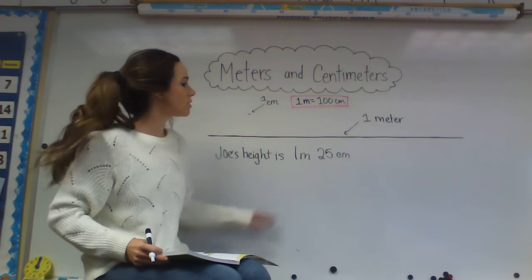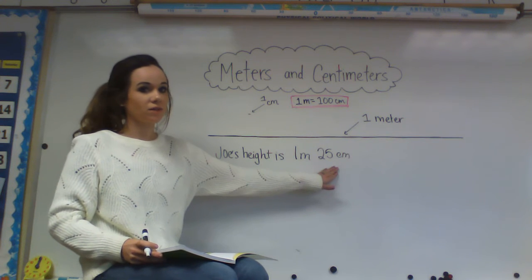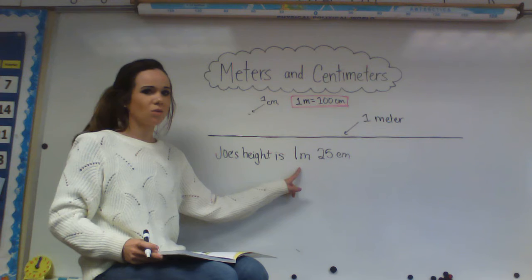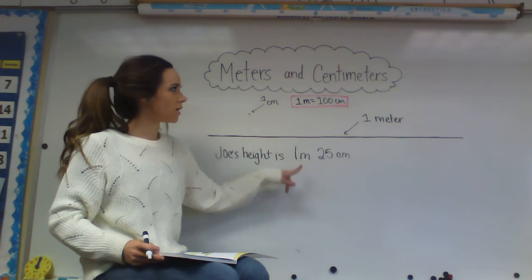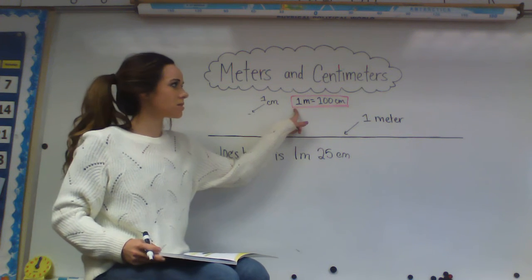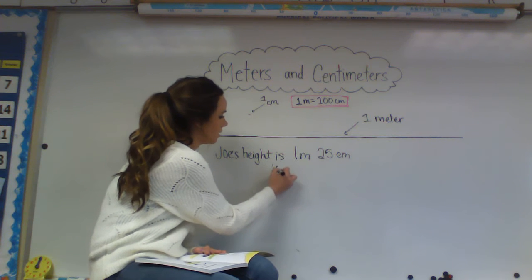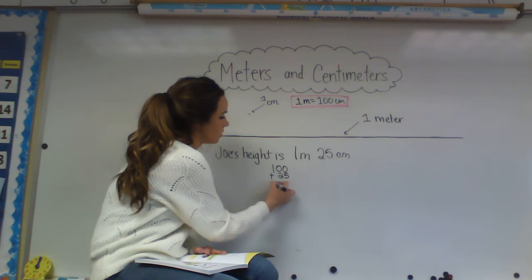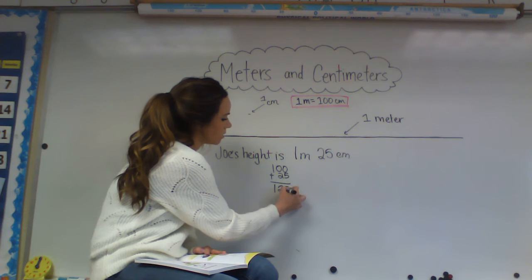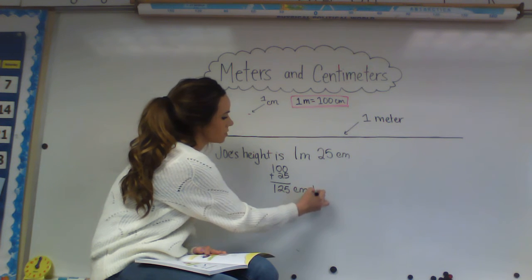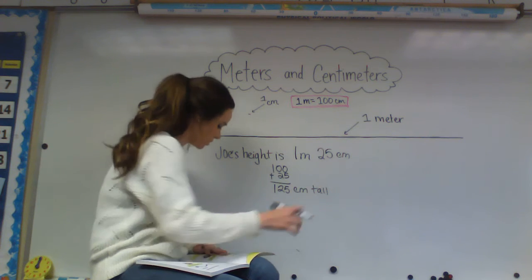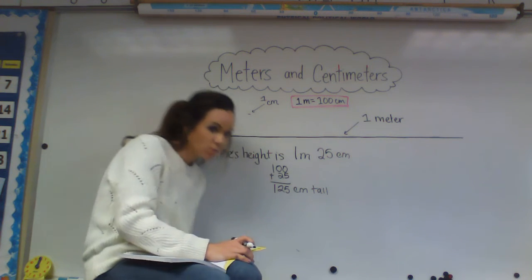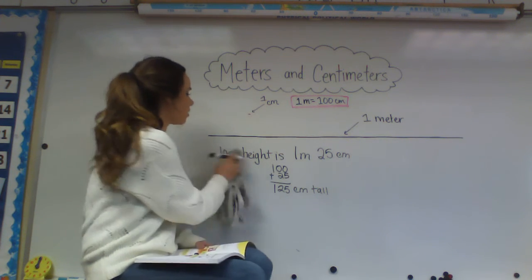So if we need to convert this to centimeters, we already know he's 25 centimeters tall, but he's also 1 meter tall. Well, 1 meter, we know, equals 100 centimeters. So we can do 100 plus the 25 centimeters, which gives us 125 centimeters tall. So now we know Joe is 125 centimeters tall.